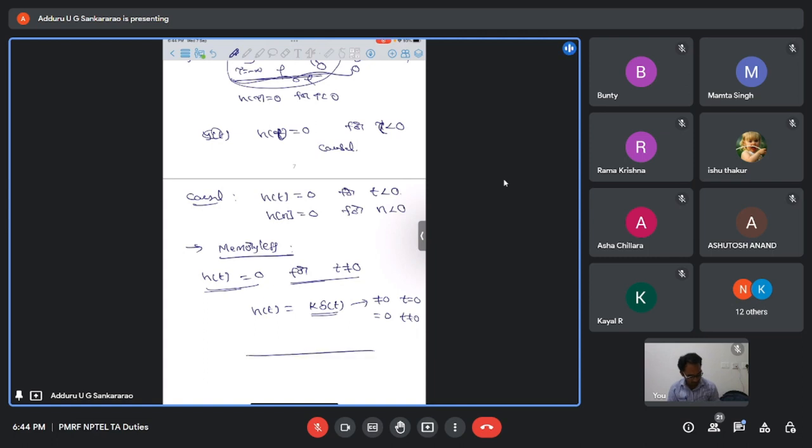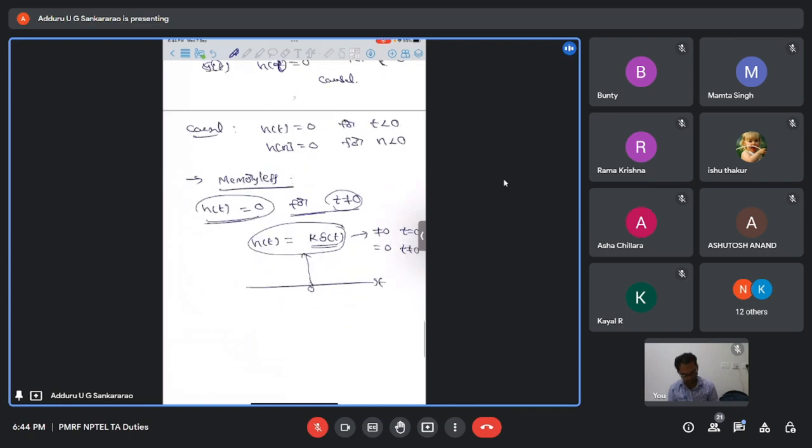We know how an impulse looks like. At only t equal to 0 it is non-zero, other values it is 0. That means if the impulse response is a function of del of t, then it is a memoryless system. If h of t is 0 when t not equal to 0, then it is a memoryless system.